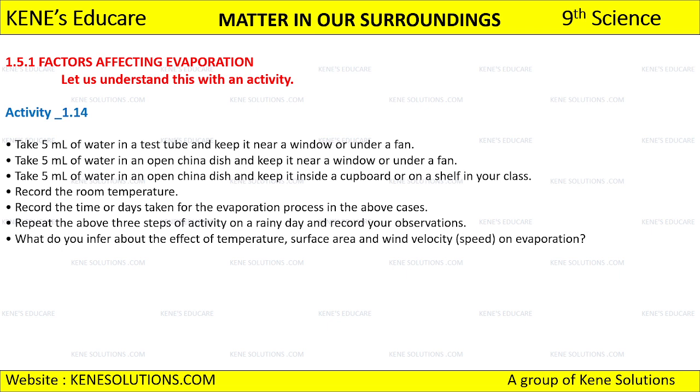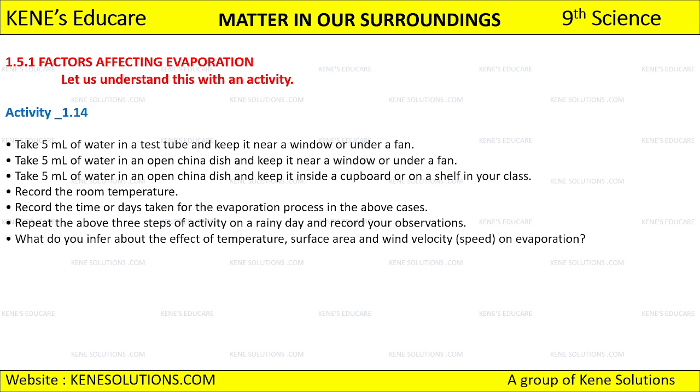One is kept near a window or under a fan and the other is kept inside the cupboard. So here the rate of evaporation will be faster from the china dish kept near the window or under the fan. Whereas when we compare it with the china dish kept inside the cupboard, it will be very slow.